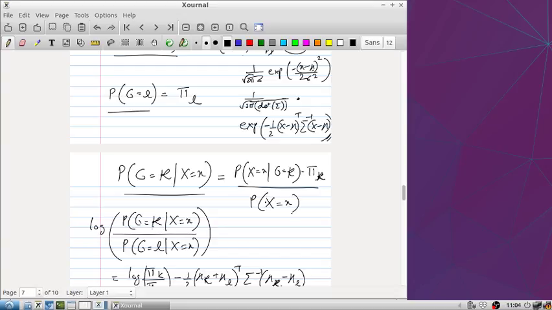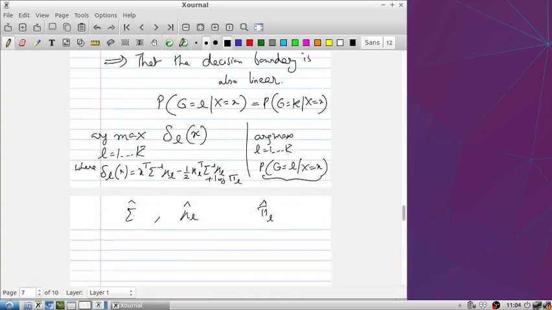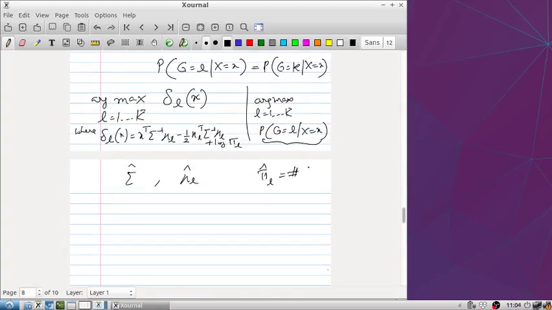I'm not giving you any data point, I'm just asking what is the probability that my class is equal to L. So you look at your data: the proportion of data points which have class equal to L, which is the number of points with class L divided by n, where n is my data set size. That is my estimate for pi L.